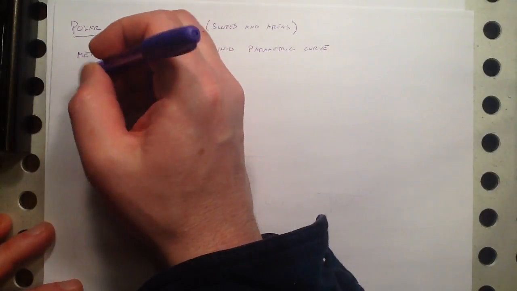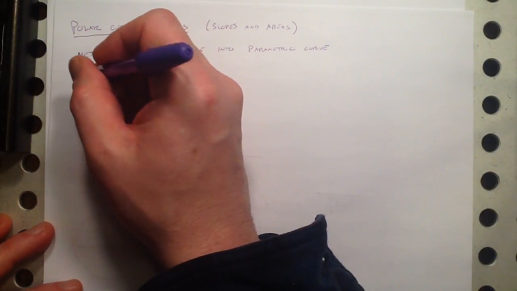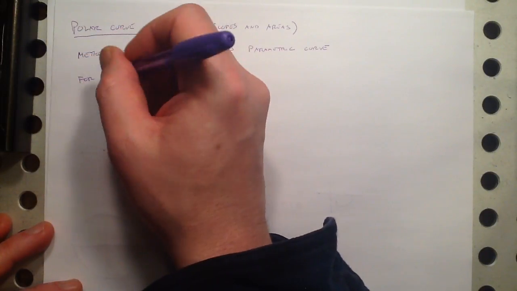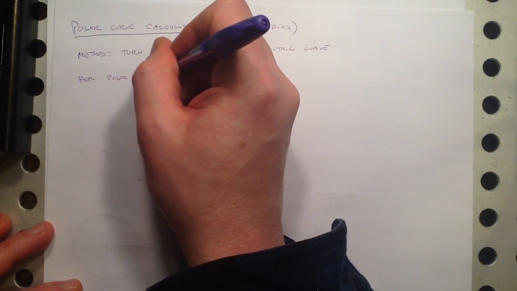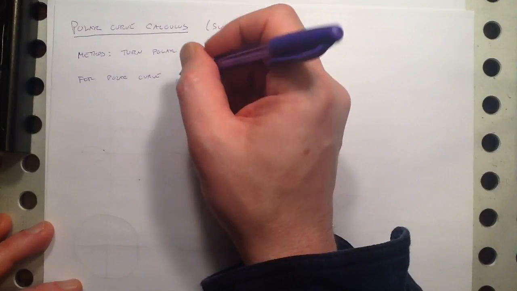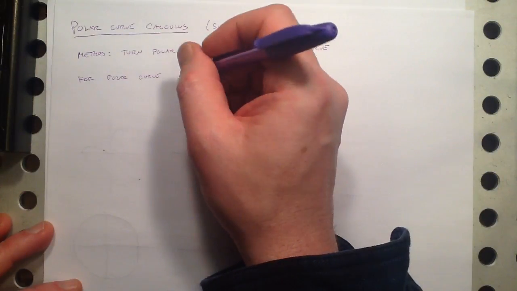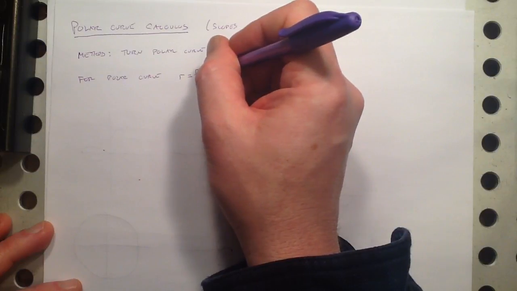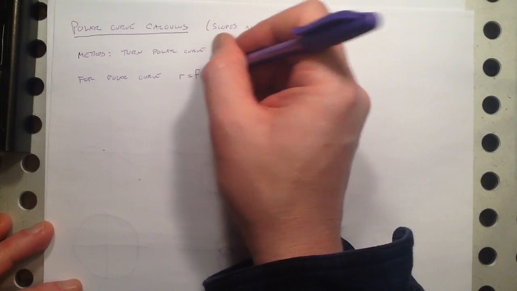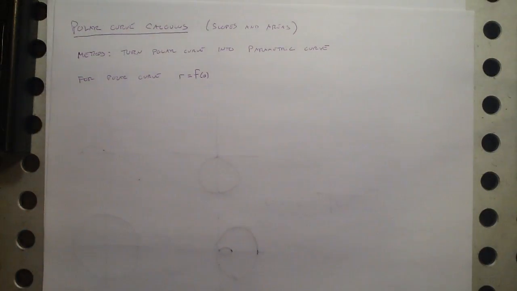So for a polar curve, which we would write r is equal to some function of theta, right? Some stuff happening to the theta. Maybe it's r equals sine theta, maybe it's r equals I don't know what happening to theta, right?